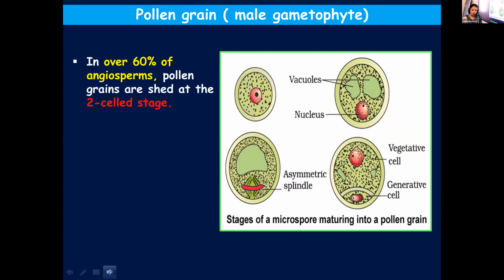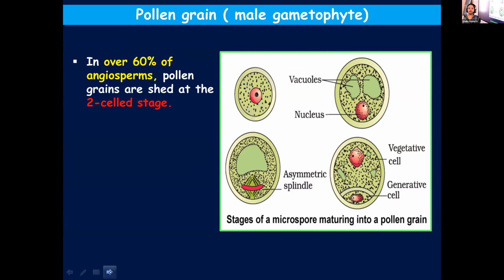In 60% of them, when the anther dehisces and the pollen grains are released, they'll be in the two-celled stage. These pollen grains will land on the stigma, and if it is a compatible or matching stigma, they'll germinate and form the pollen tube.